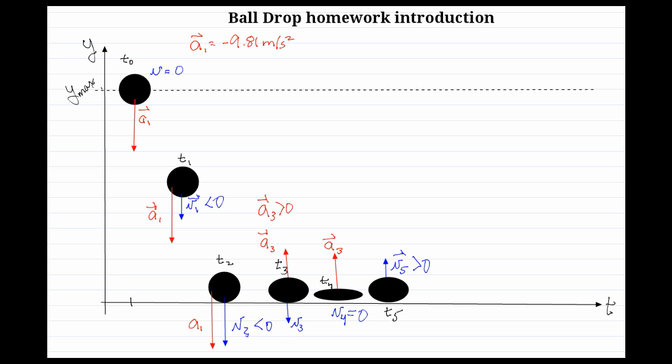And our acceleration, as this ball is stretching out again, is still upwards. So we can draw that. That's our A3 from before. Okay, so that's what's happening when the ball is in contact with the ground, or at least as it's compressing and expanding.